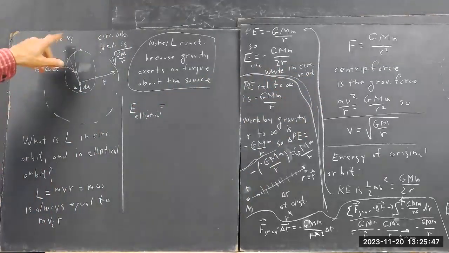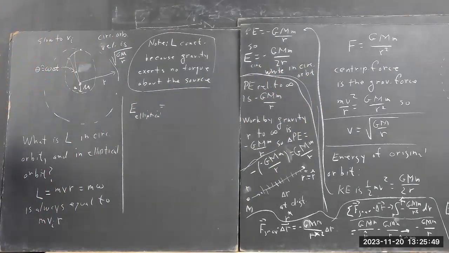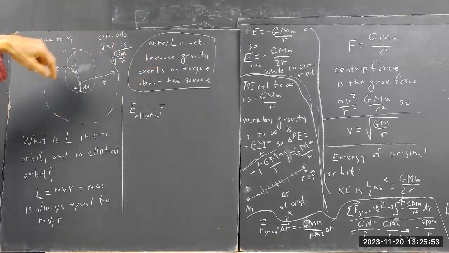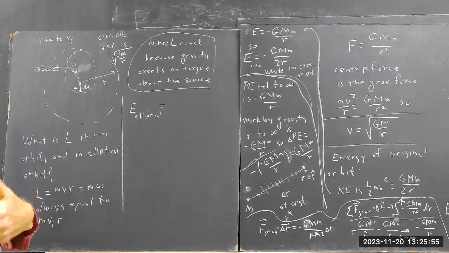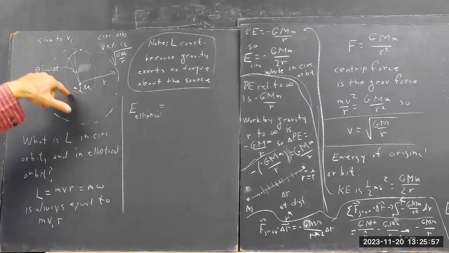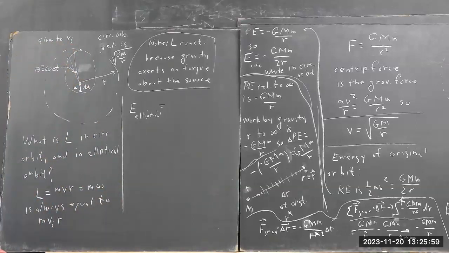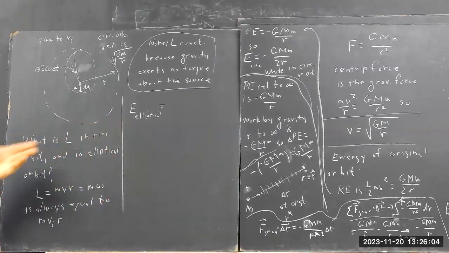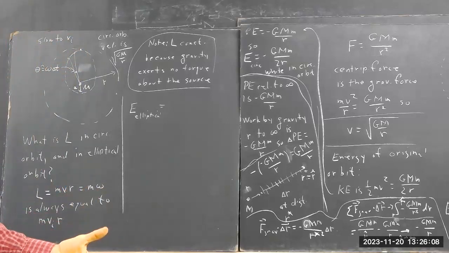Okay, and it depends where you are. Well, no, it doesn't depend where you are, what the total energy is. The potential and kinetic energies change as you move around this orbit. But the total doesn't change because the only force acting on this thing is the gravitational force, which is conservative.